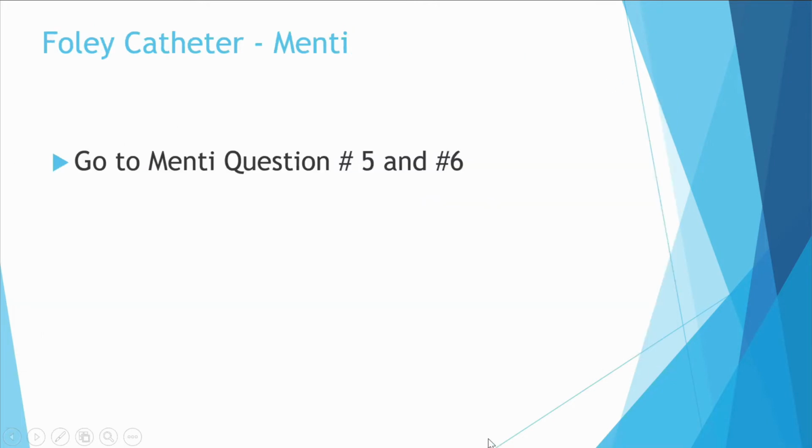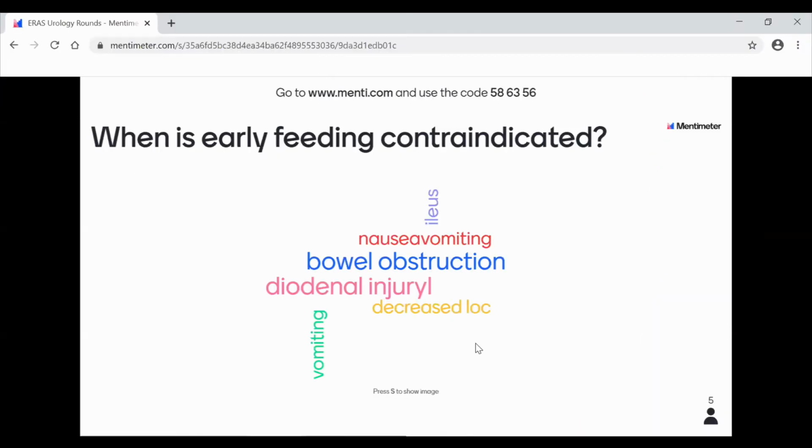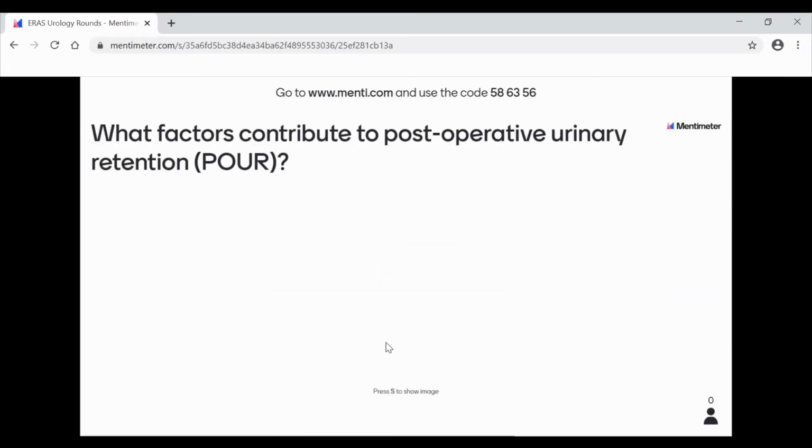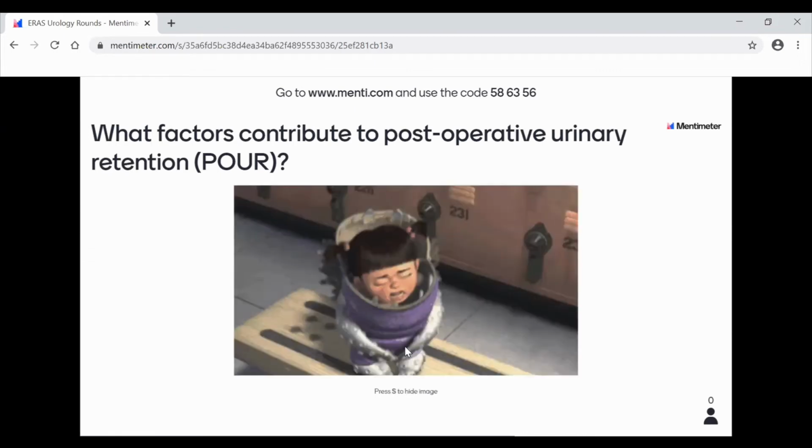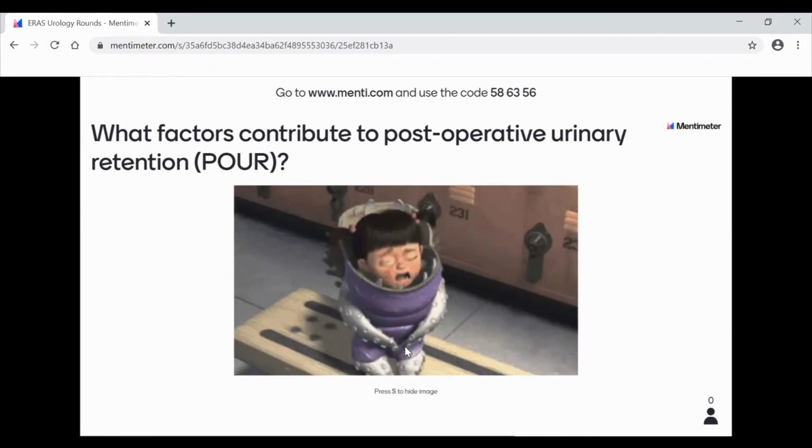Okay, we're gonna flip back to the Menti. This is a word cloud. We just want to get your ideas around this. What factors contribute to postoperative urinary retention?